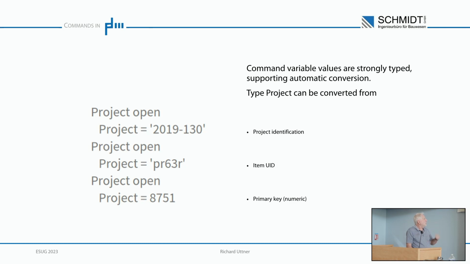And the last line shows the classic way to identify data coming from the disk, which is simply the primary key ID. But of course, people using the application will normally not know these values.